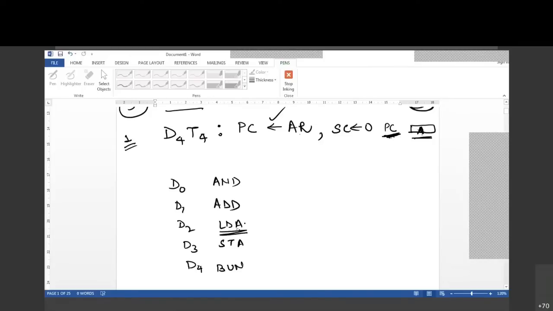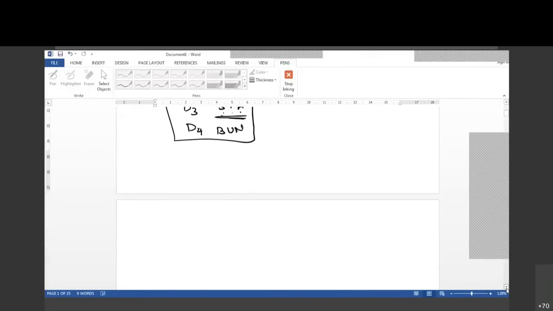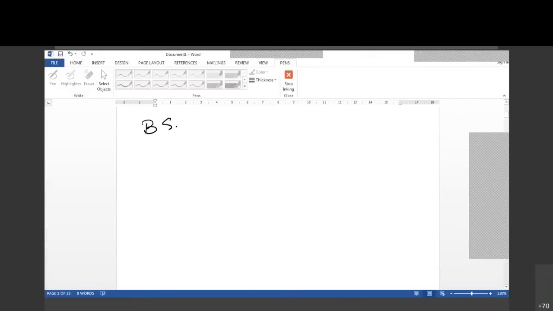Load content from memory to accumulator. Store means what? Store the content of accumulator to memory. ठीक है? चलो, now moving to a somewhat different type of instruction. BSA. Branch and save return address.